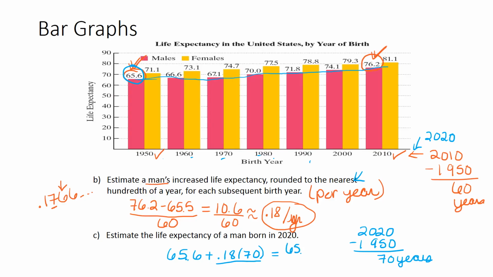So you want to do 65.6 plus 11.9, and that will give you approximately 77.5 years. So in 2020, we can expect the life expectancy for males to be approximately 77.5.